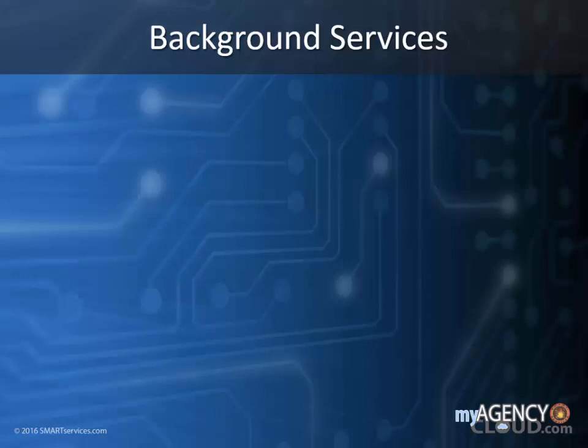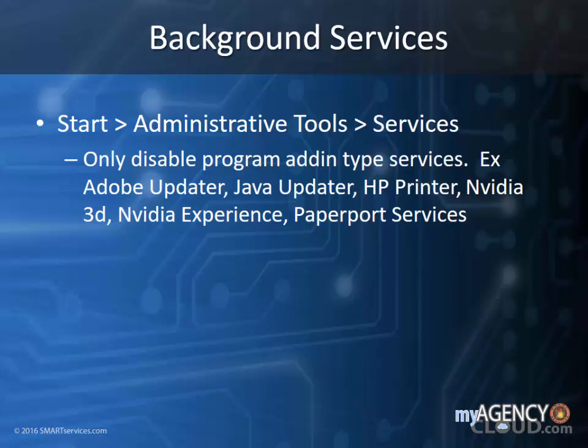So there's other things out there in your computer called background services. This is in addition to that startup stuff, and it kind of runs hand in hand with power saving, because some of the power saving disables these things for you. To get to your system services, again, you need to be an administrator to do these. You're going to click on Start, Administrative Tools, and then there's an item that's called Services.